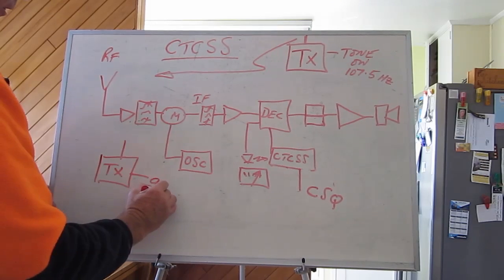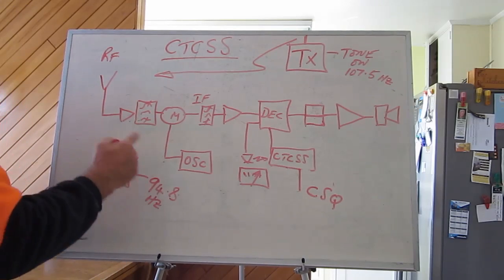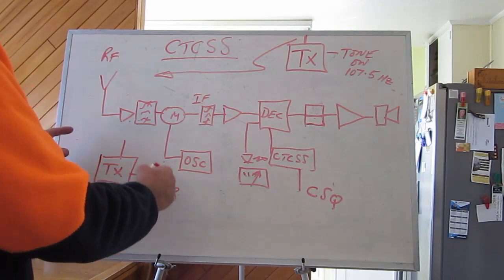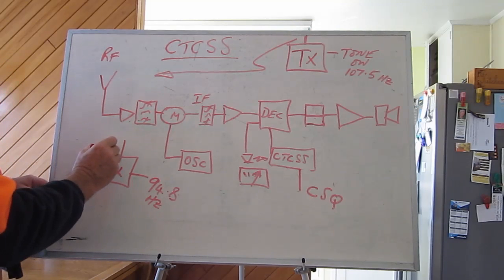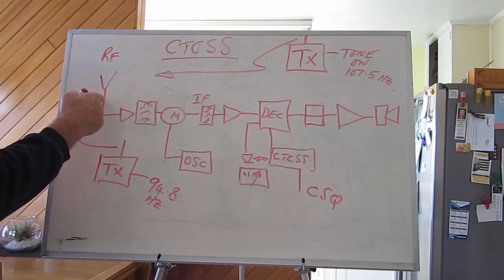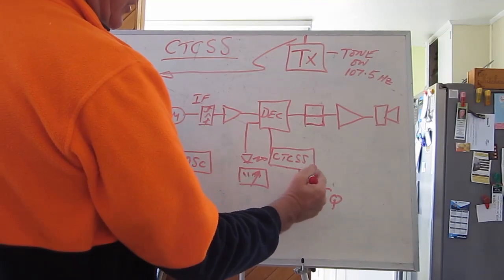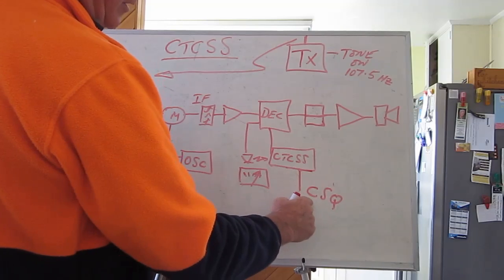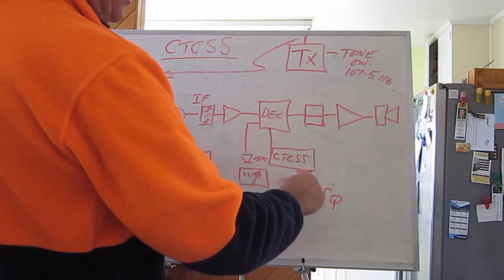Let's draw another one, 94.8 Hertz. So this other company that's operating over here using the same frequency is generating a signal which will also go into this receiver. It'll go through this system, but because this has been incorrectly programmed as CSQ, there is no receiver control here.